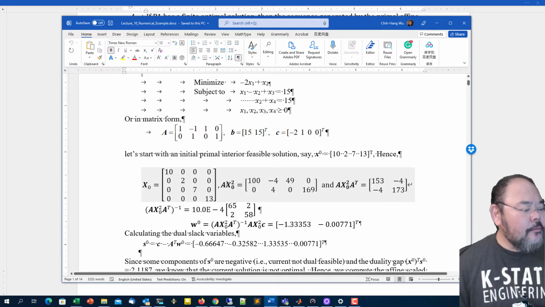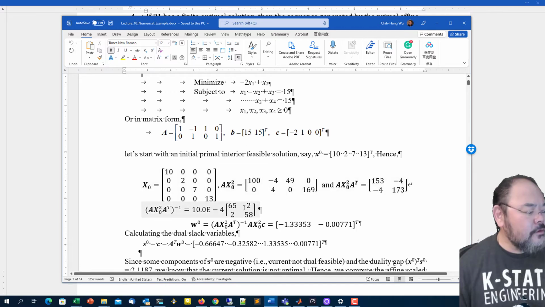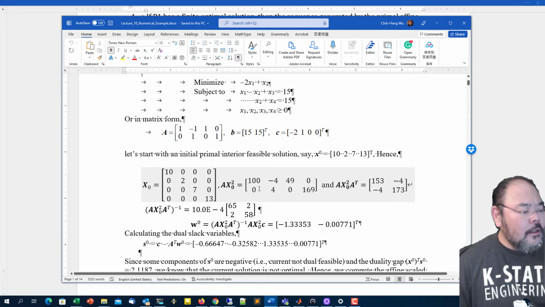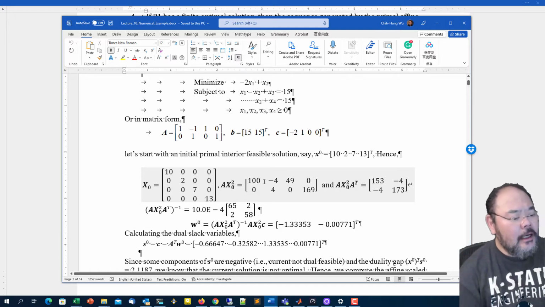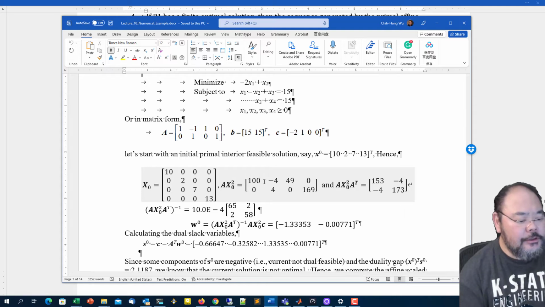I'm going to pre-calculate A times X naught squared times A transpose, then take the inverse of that. The reason I'm doing so is exactly the way I do it in the Excel spreadsheet, which I'm going to demonstrate a little bit.